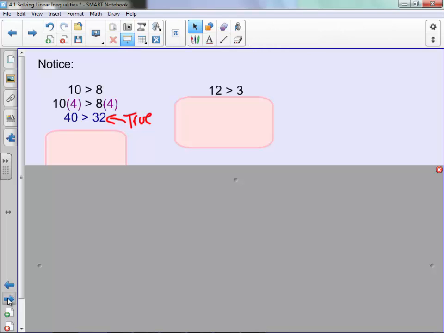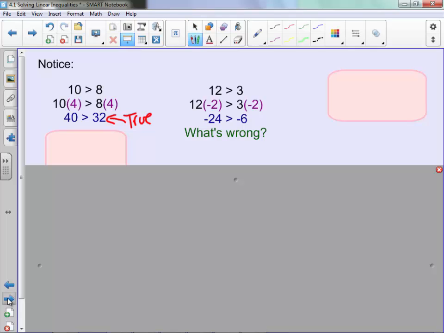Alright, once again, starting with the true statement, 12 is greater than 3. This time we're going to multiply by a negative number, in this case negative 2, and we'll get negative 24 is greater than negative 6. Notice that's not true anymore, because negative 6 is greater than negative 24.